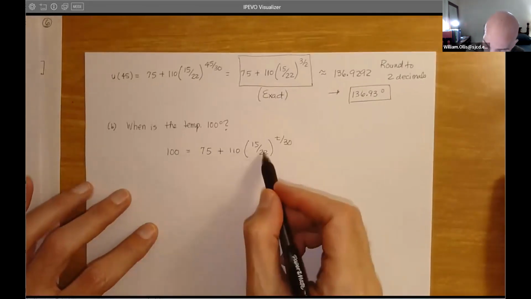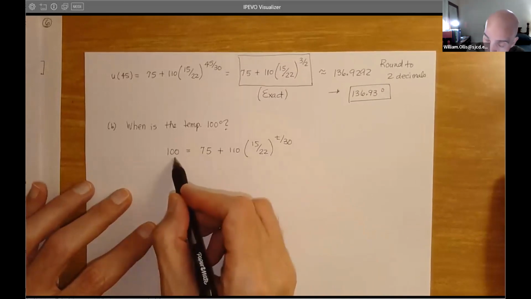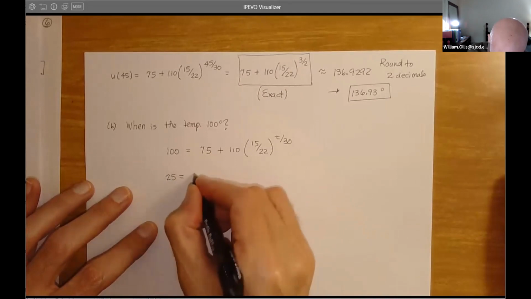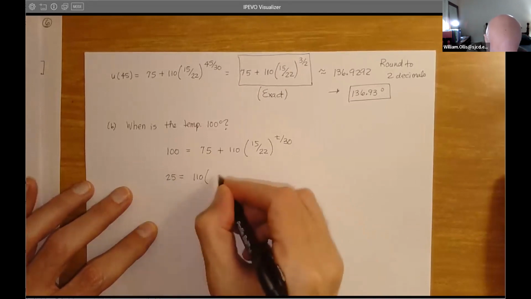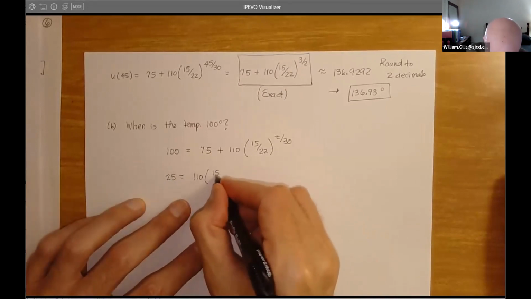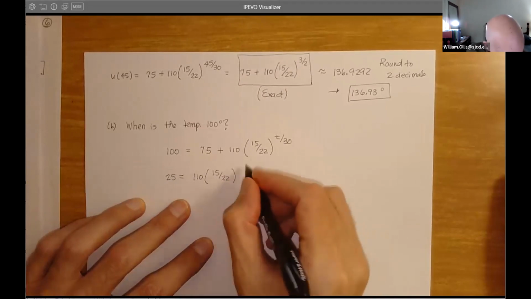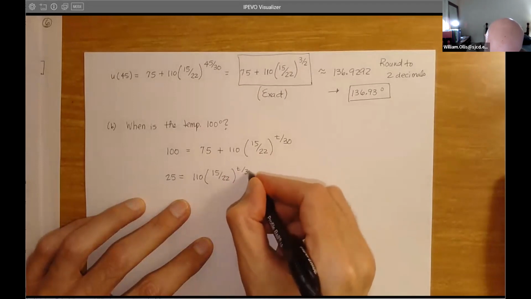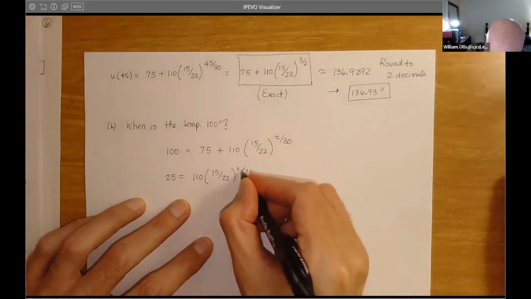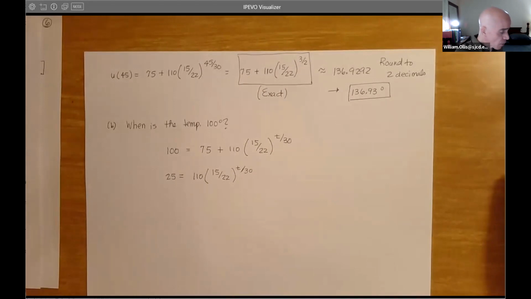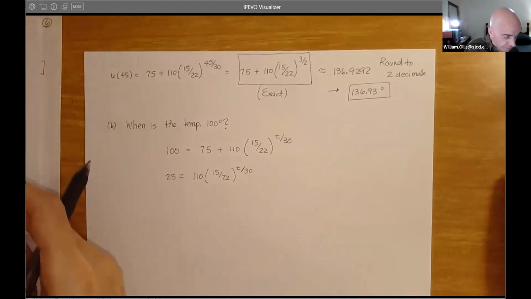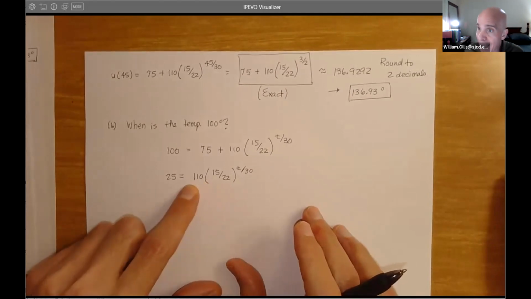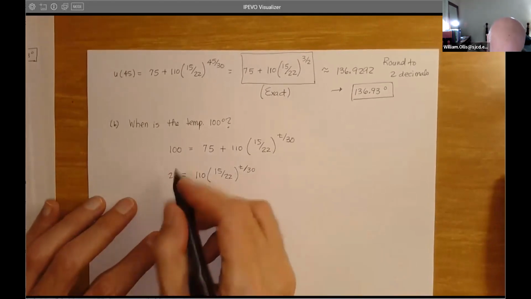Now let's go ahead and subtract 75 from 100. That'll give us 25 equals 110 times (15/22)^(t/30). Now, when we look at this part, we need to divide by 110. So let's do what we did before.